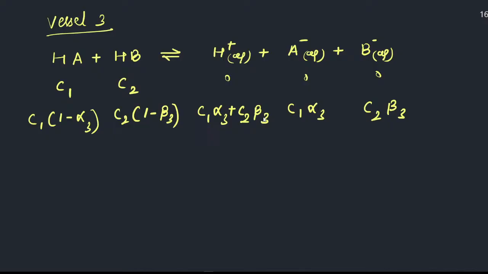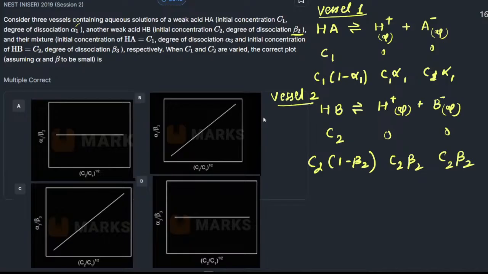These are the three vessels. Now it is written assuming alpha and beta to be small. So what is the correct plot?